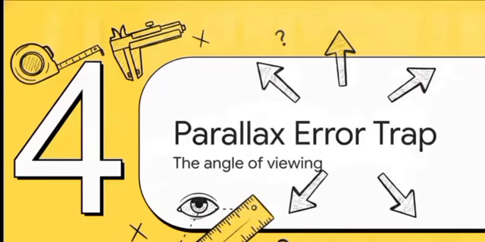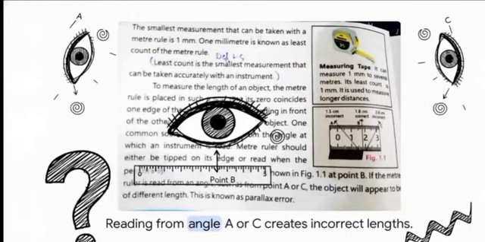Which brings us to Section 4, the parallax error trap. And this brilliantly illustrates where perfectly good measurements go to die. Seriously, it's a trap. Look closely at the diagram from the source. We have an object lined up perfectly on a ruler. If you are looking straight down from point B, which is the correct angle, the reading is exactly 1.8 centimeters.